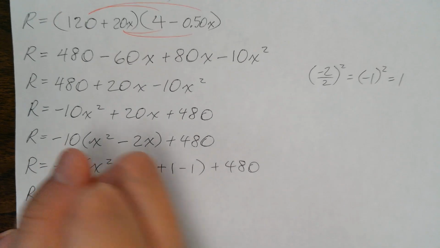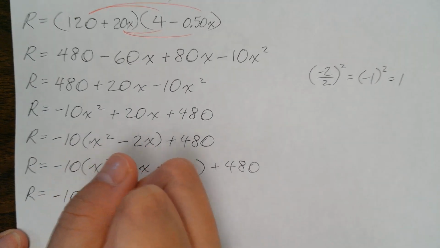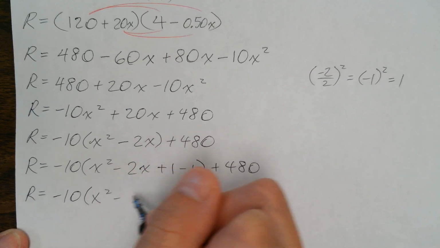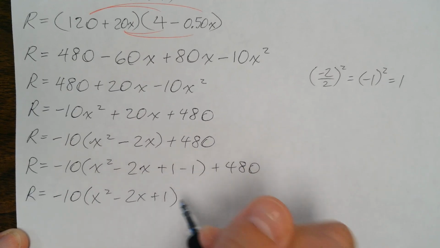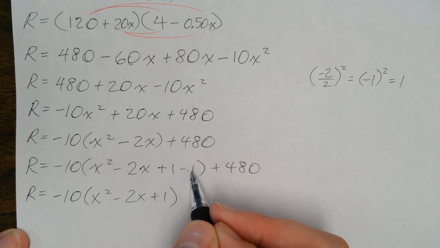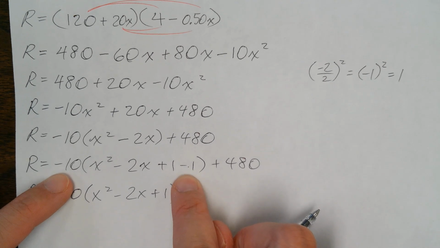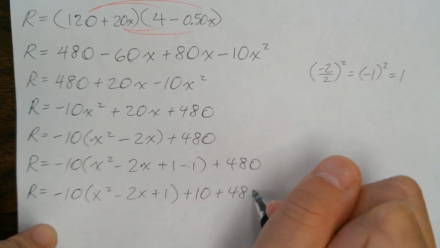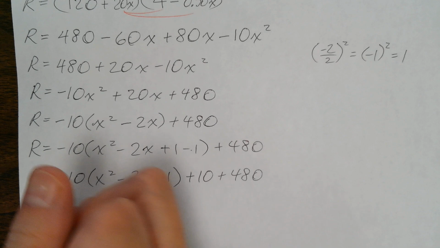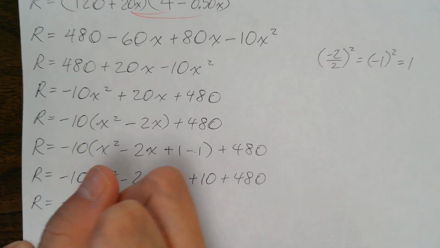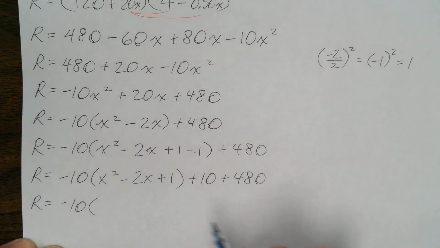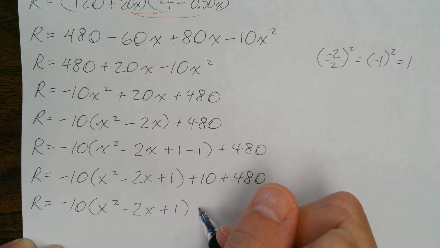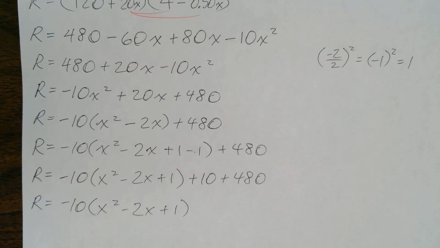Okay. R equals negative 10 times x squared minus 2x plus 1. Bring this negative 1 out by multiplying it with the negative 10, which gives you plus 10. Oh, sorry, I forgot to factor this.